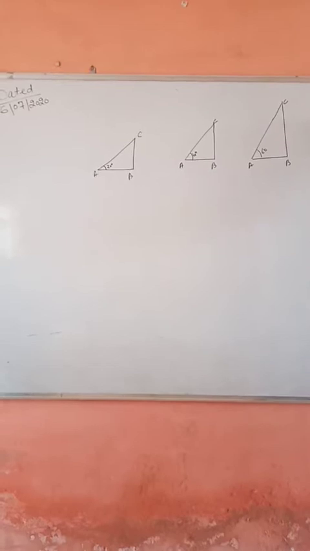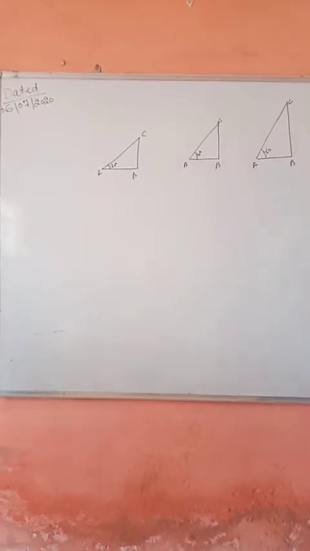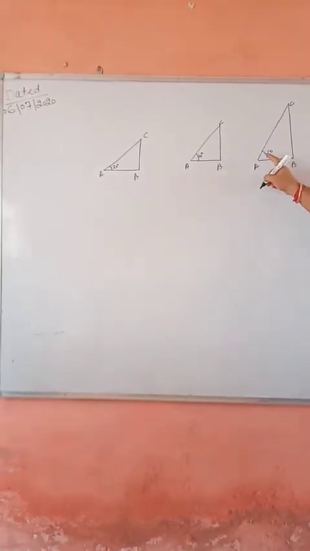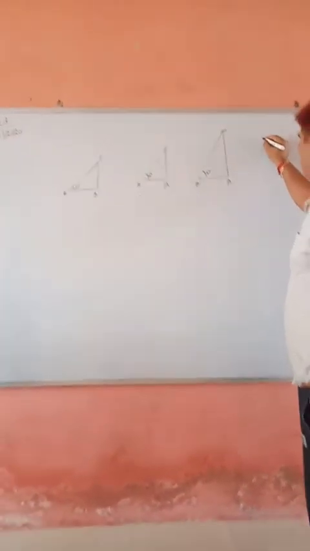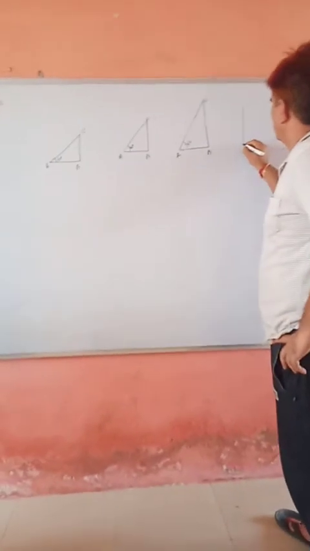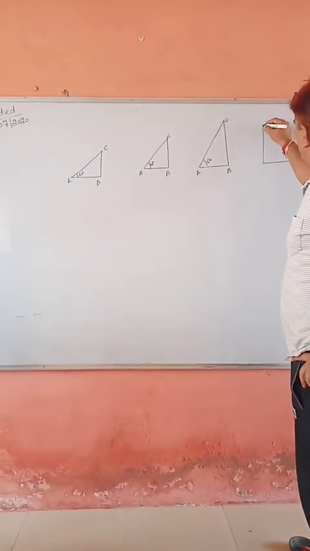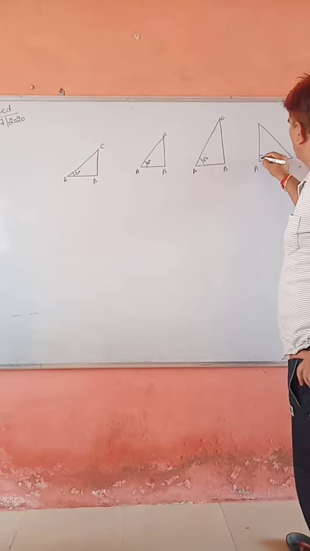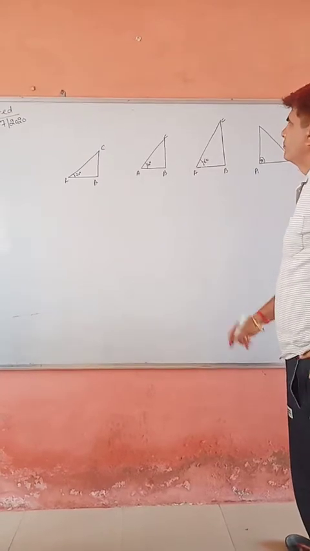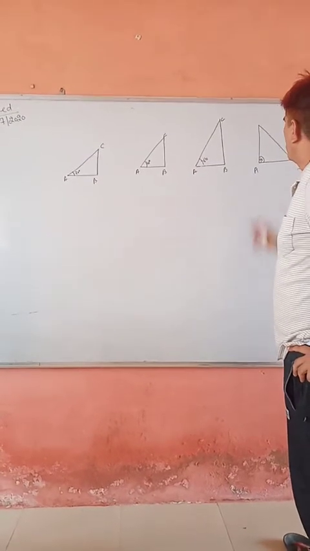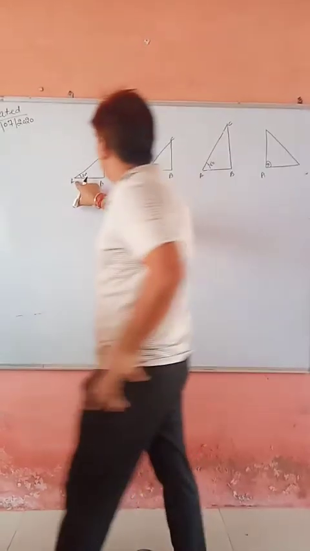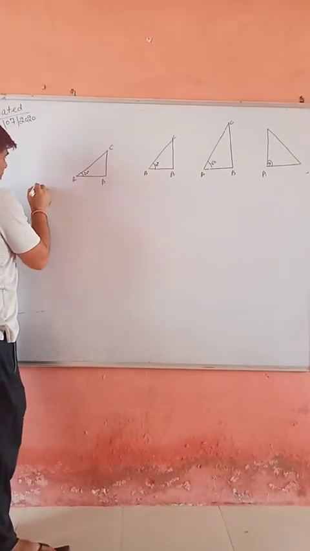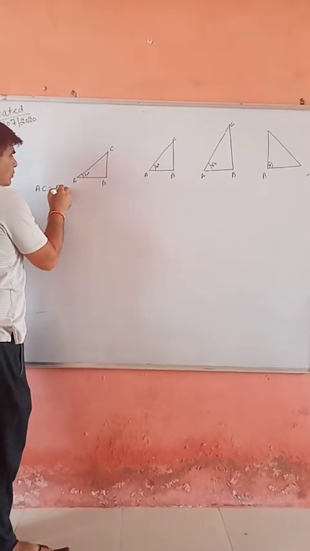When this angle becomes 90 degree, what happened? It is like this. Understood its meaning? This equal to this. So if angle A becomes 90 degree, its meaning is AC becomes equal to BC.